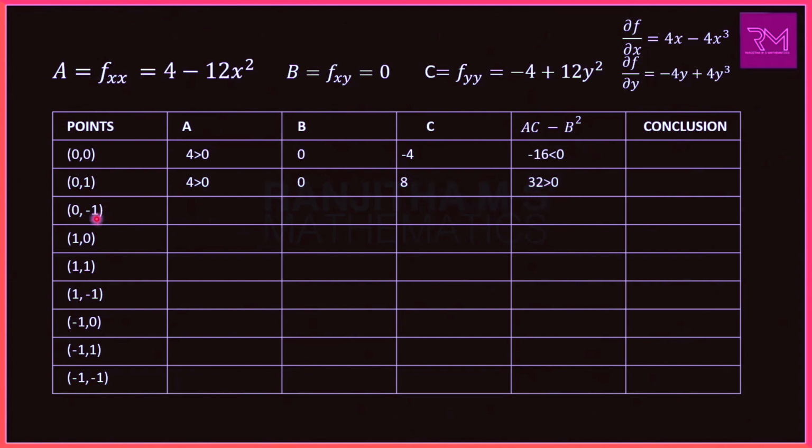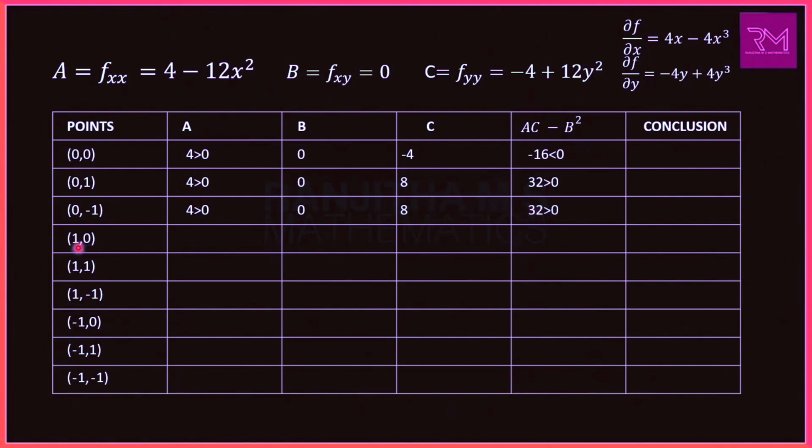Similarly, for x is 0, y is minus 1, we get a value is 4, which is greater than 0, b is 0 itself, and for c we put y value as minus 1, hence we get minus 4 plus 12 into minus 1 whole square, which is again plus 12, hence minus 4 plus 12 is 8, that's the value of c. Here ac minus b square is 4 into 8 is 32, which is greater than 0.